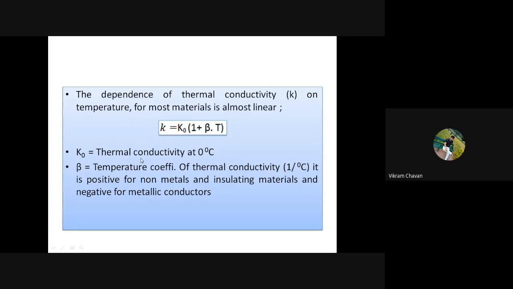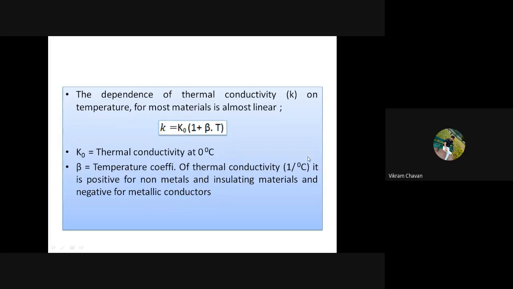So K naught is the thermal conductivity at 0 degrees Celsius, whereas beta is the temperature coefficient of thermal conductivity. This temperature coefficient is positive for non-metals and insulating materials, and negative for metallic conductors.